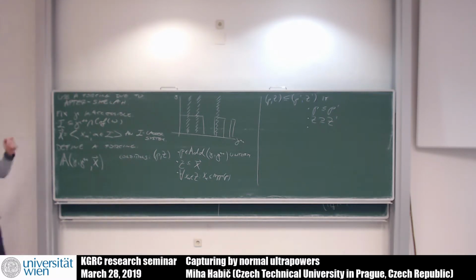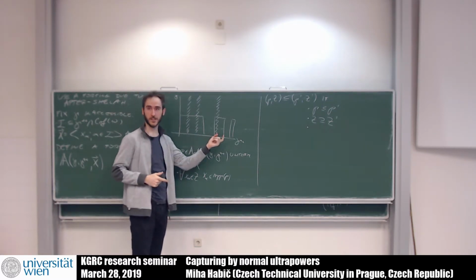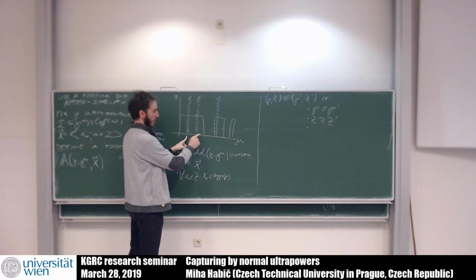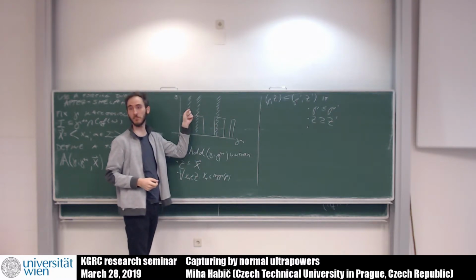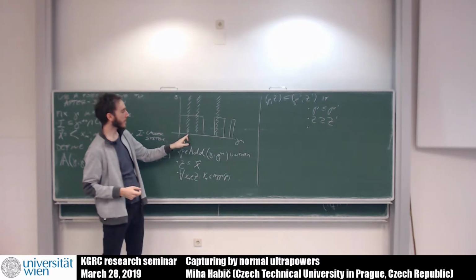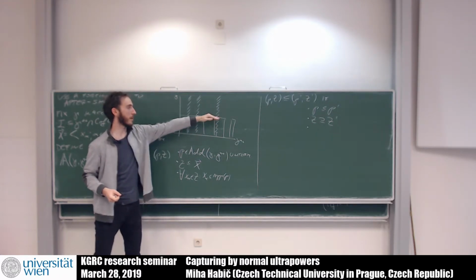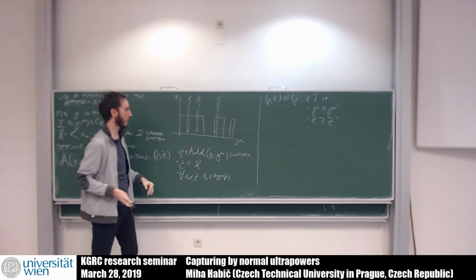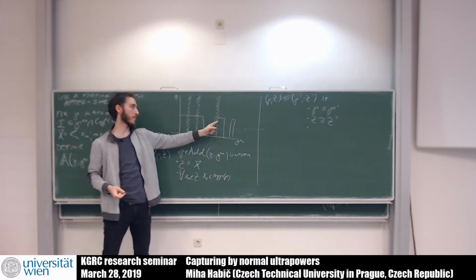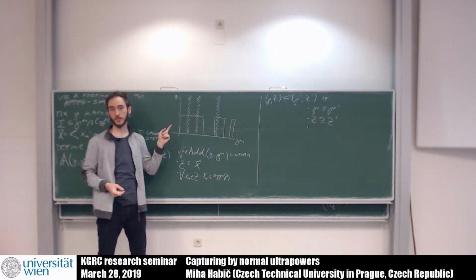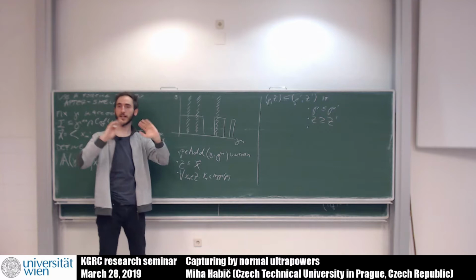What is the side condition telling me? The side condition is a promise that whenever I strengthen the condition, the columns that I picked out will never again have an element in common. So the intersection of the generic sets added by these columns will be bounded by this height of the working part. I'm going to require a bit more, not just that the intersection of these columns is bounded, but also the intersection of their complements is bounded. So I just make sure that these countably many columns never get another thing in common.